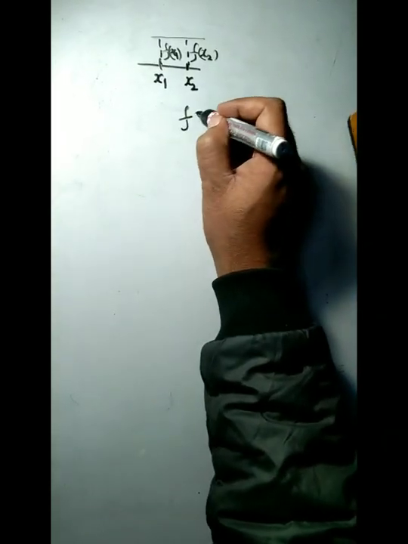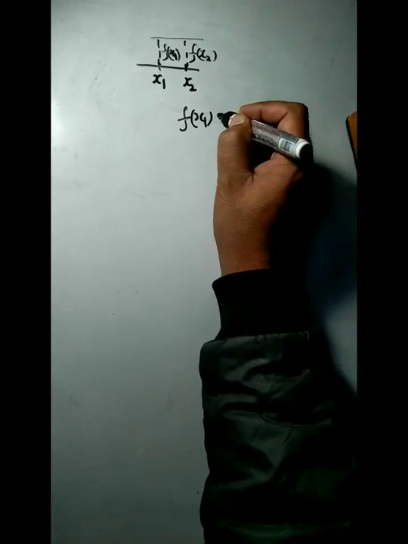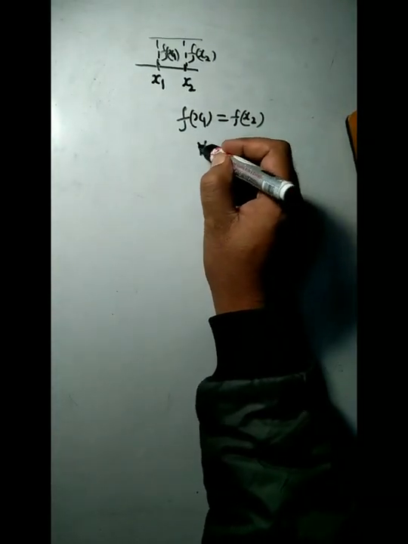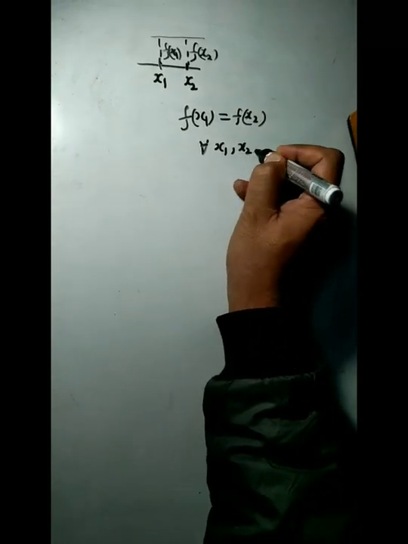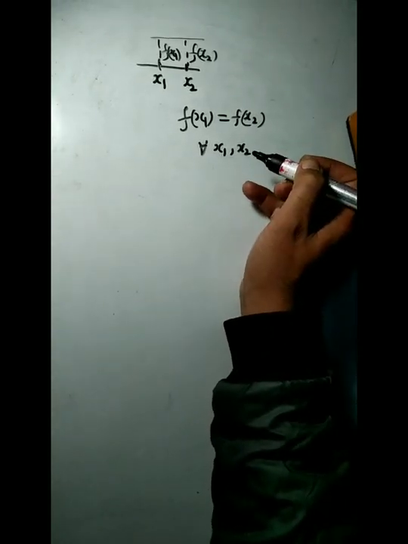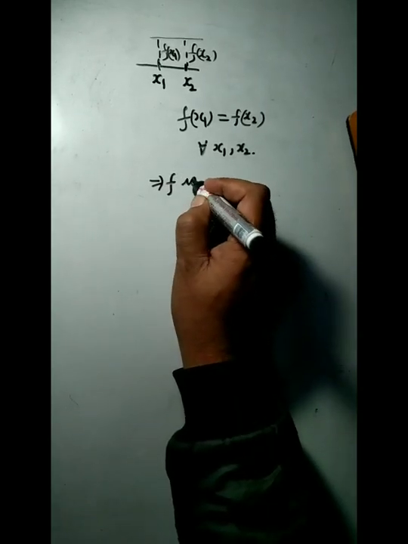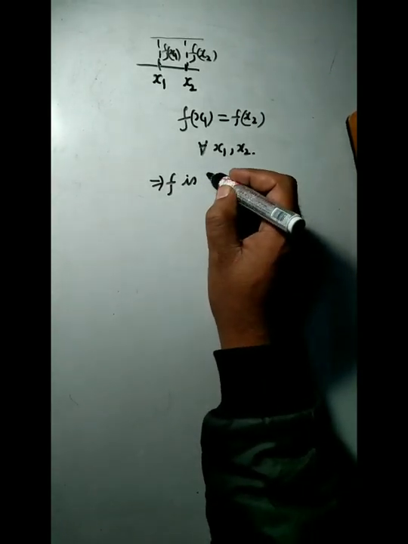Here f(x1) equals to f(x2) for all x1 and x2. So we can say function f is constant.